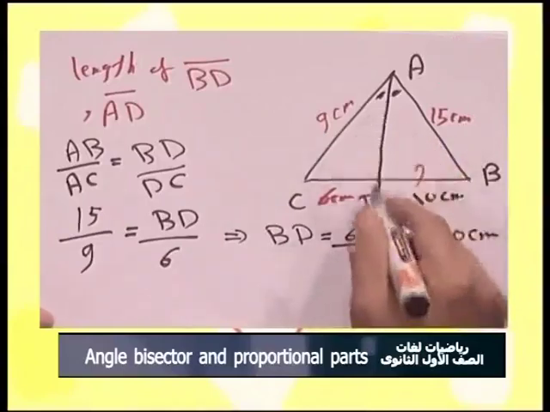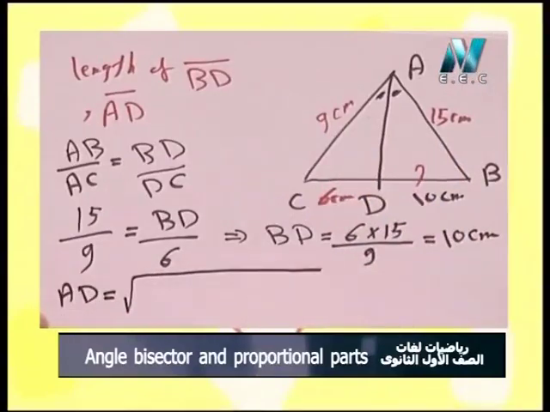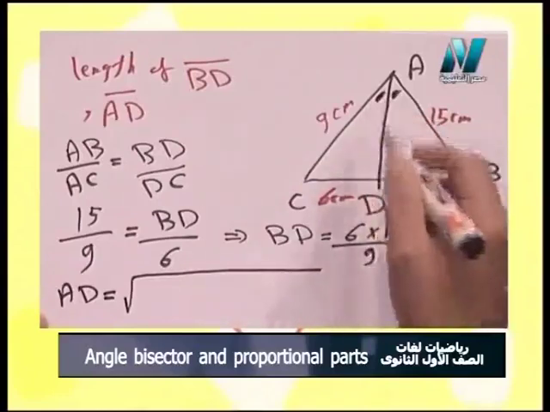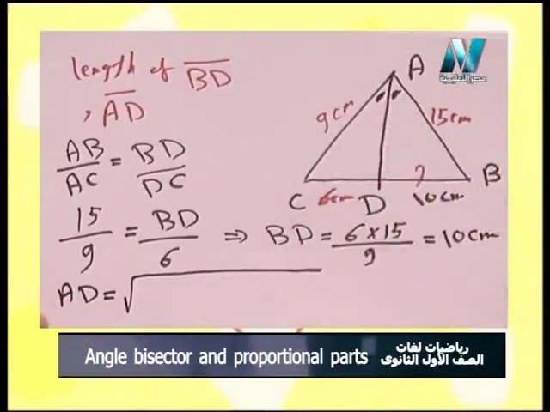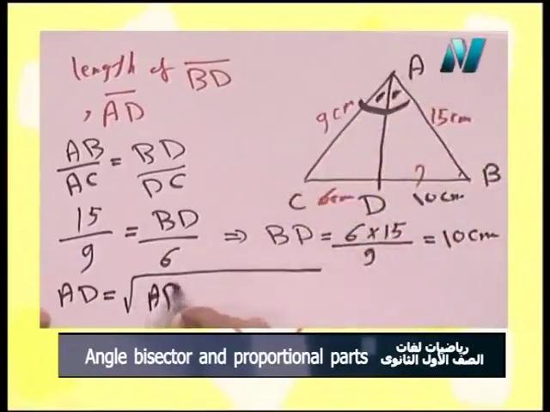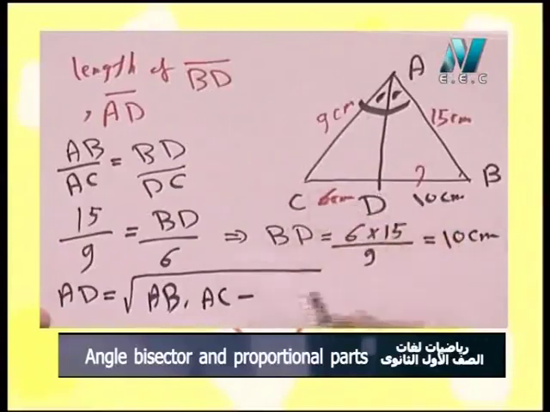And you would like to find out the length of AD. We already know the rule by which we will find the length of the interior bisector of the angle A. AD equals the square root of AB multiplied by AC minus BD multiplied by DC.